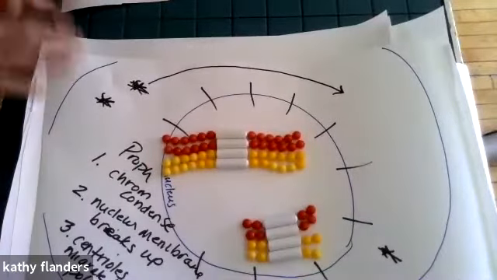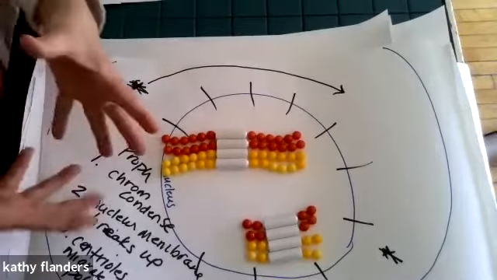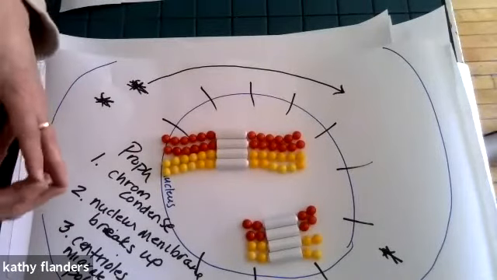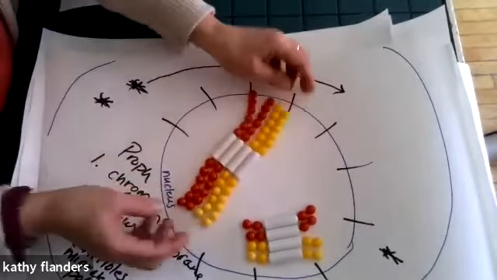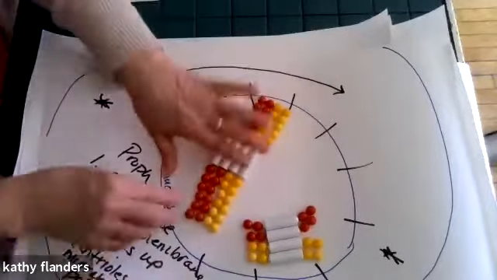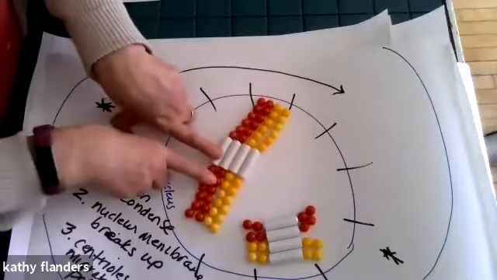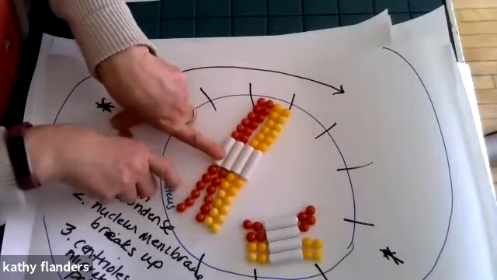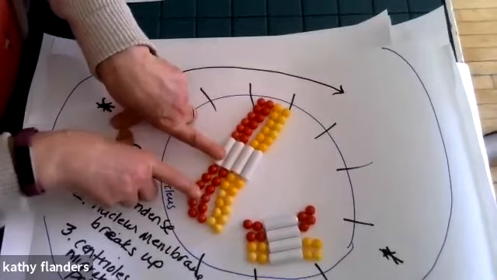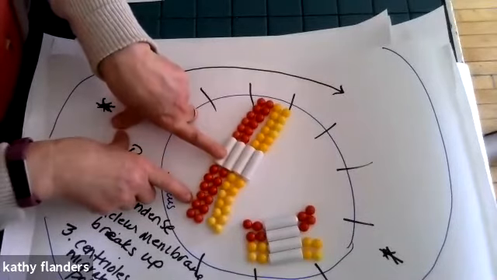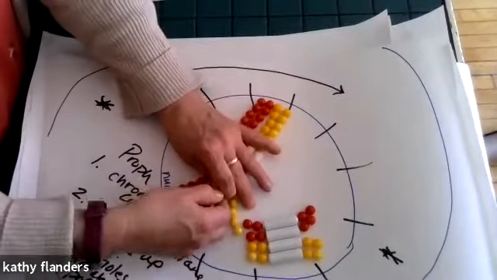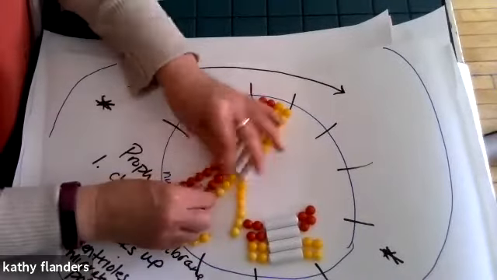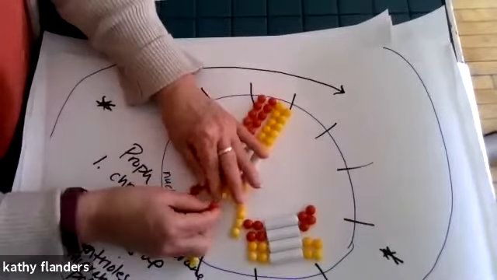So the first thing that's going to happen is my homologous chromosomes are going to pair. They're going to form something called a tetrad, or they're going to synapse together, but don't worry about that. Then they're going to undergo something called crossing over. Crossing over is going to increase the genetic variability.